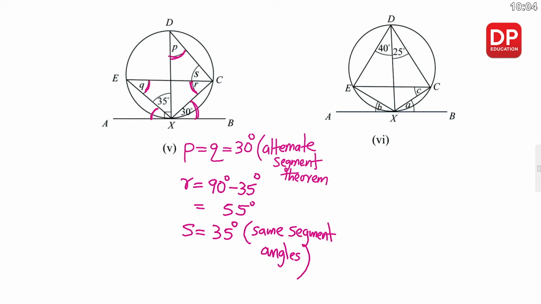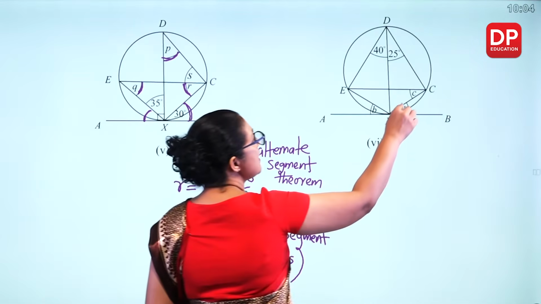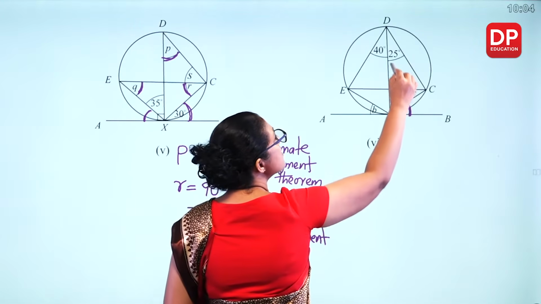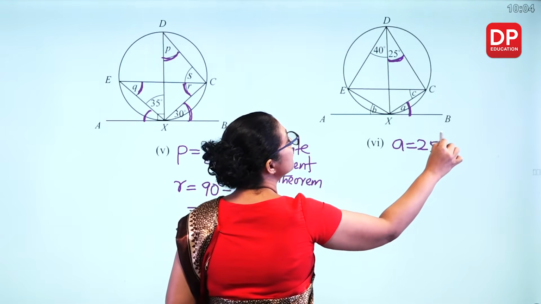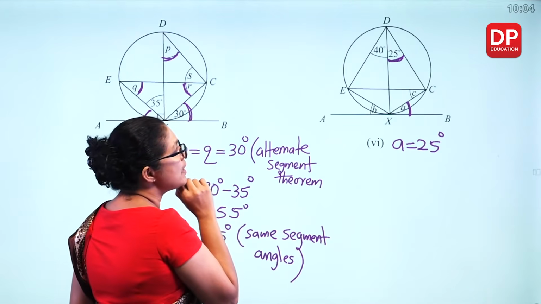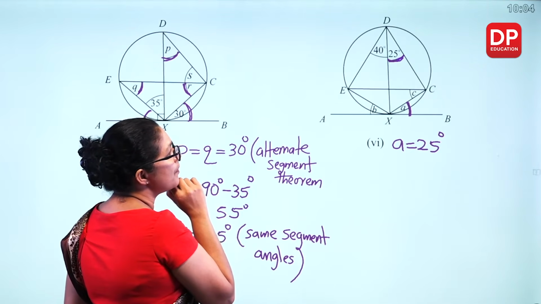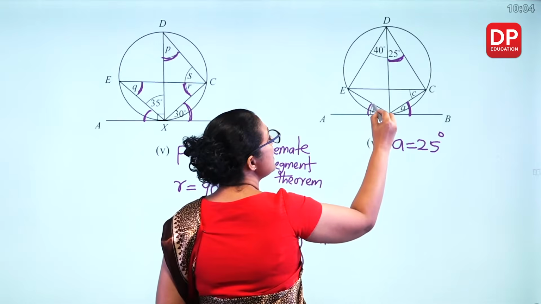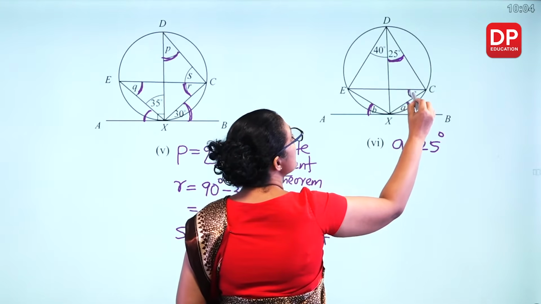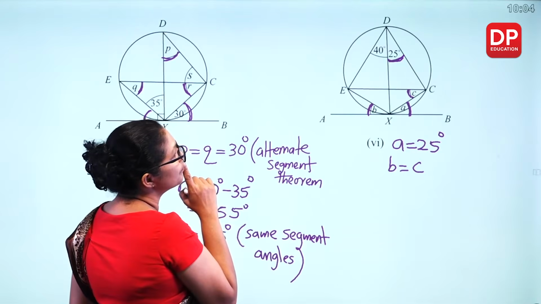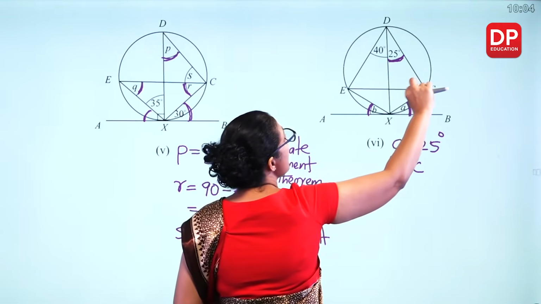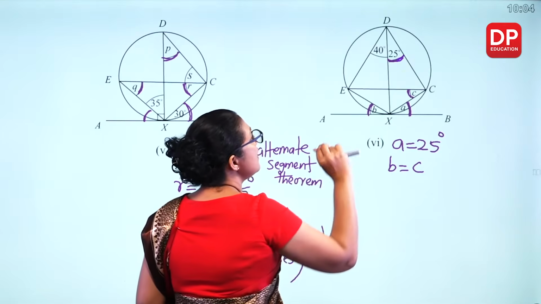Now the next part. Look at carefully and see. I can straight away get A. A is 25. Alternate segment theorem. Then B and C both equal. And this angle and this angle equal.